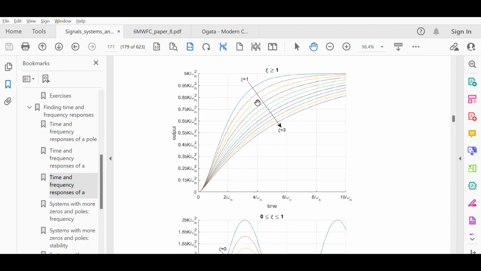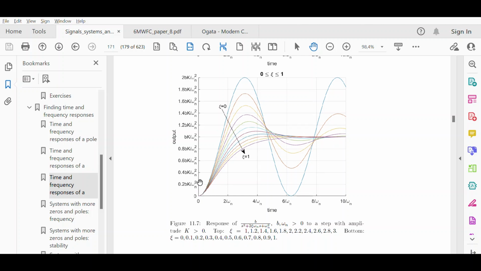As Xi increases, the response goes up more slowly. Here we have the case with Xi equal to 0. This is the case in which we have a pair of complex conjugate poles on the imaginary axis. So the system is marginally stable, and the unit step response has oscillations with a constant amplitude.